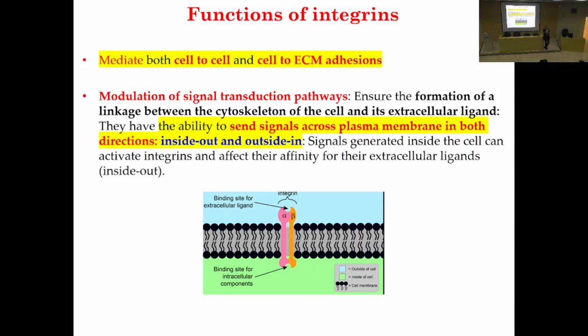When this integrin no longer has affinity to the signal. It cannot bind anymore. So what happens? A signal from inside comes and changes this integrin so that it no longer receives this ligand. So if it no longer receives the ligand, the signal will not go inside. And we stop it. Okay?